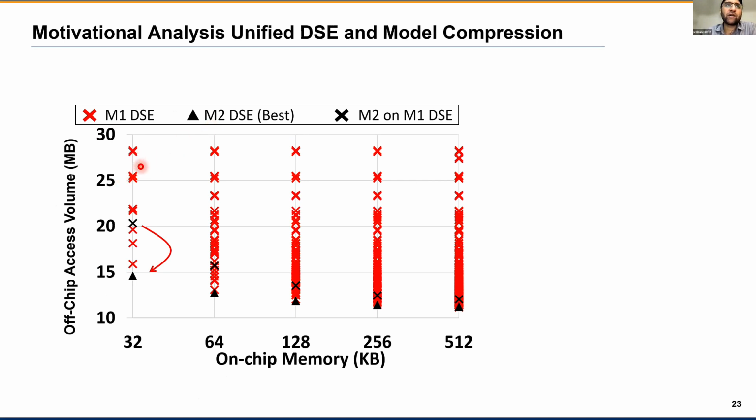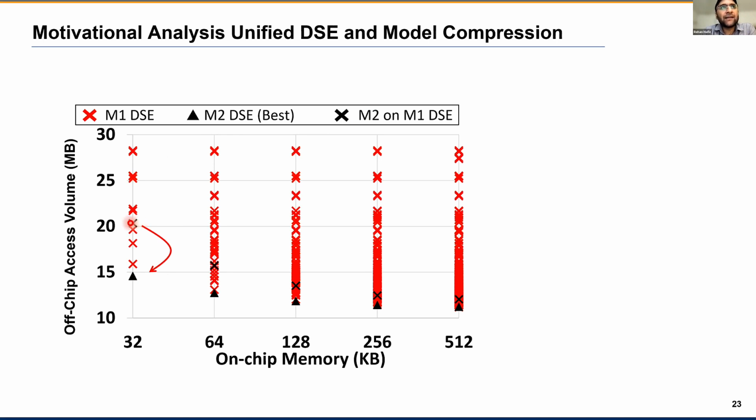Here, the red crosses represent the M1 design space exploration, and this black cross is when you use the M2 model on the best point of the M1 DSE. And so what you get is basically this point.